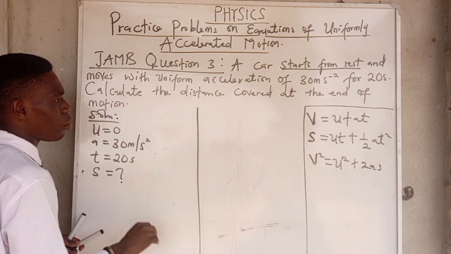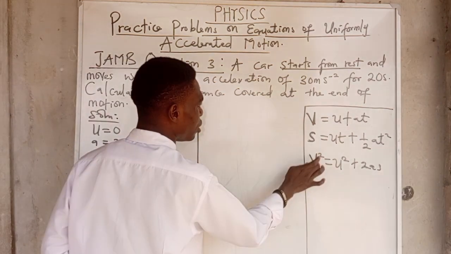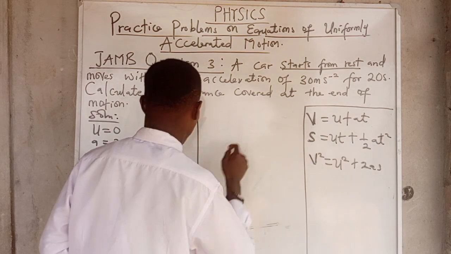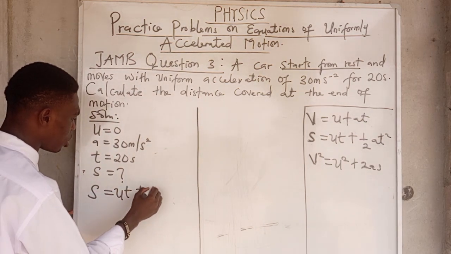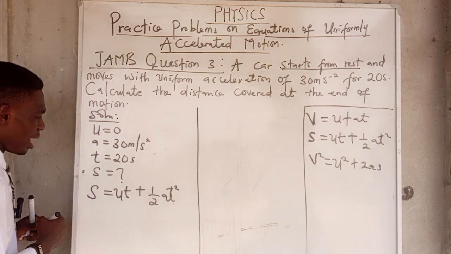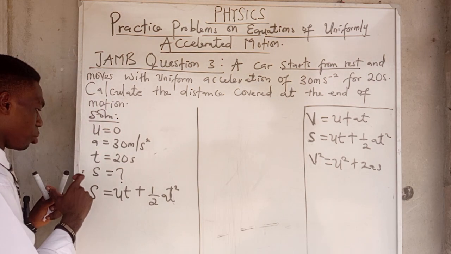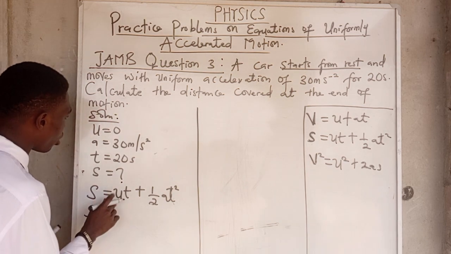So let's look for the formula that does not have final velocity v. Obviously this is v, this is v, so this one does not have v. We're going to use this equation. So we'll copy it out: s is equal to ut plus half at squared. Are we following? And so the next thing to do is to substitute our values. So s is equal to, what is u?